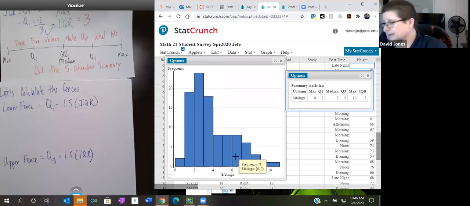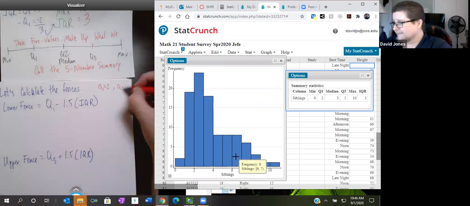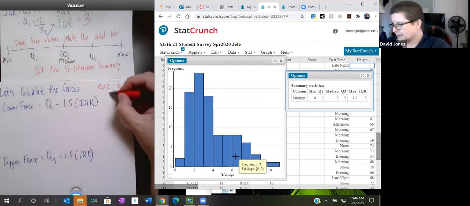So I'm going to jot down those values real quick. Q1 was 2, Q3 was 5, and that makes IQR 3.